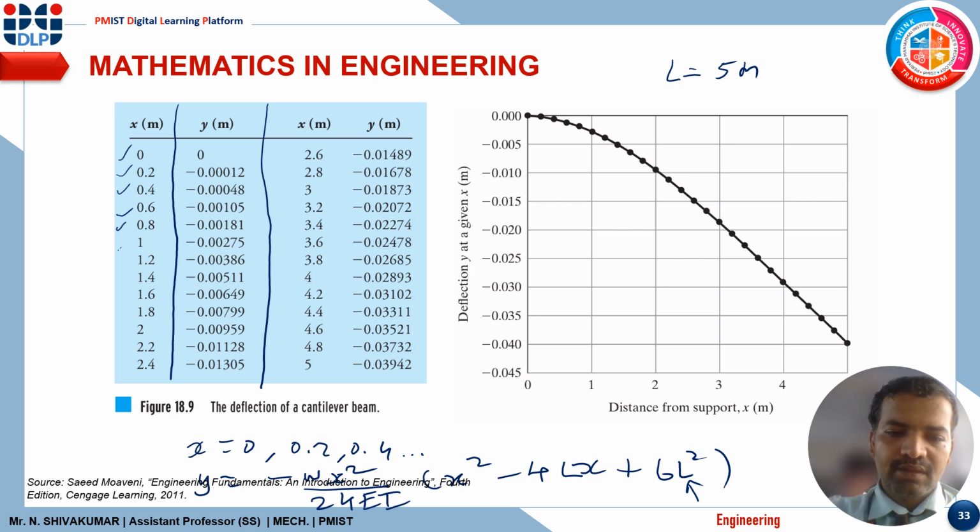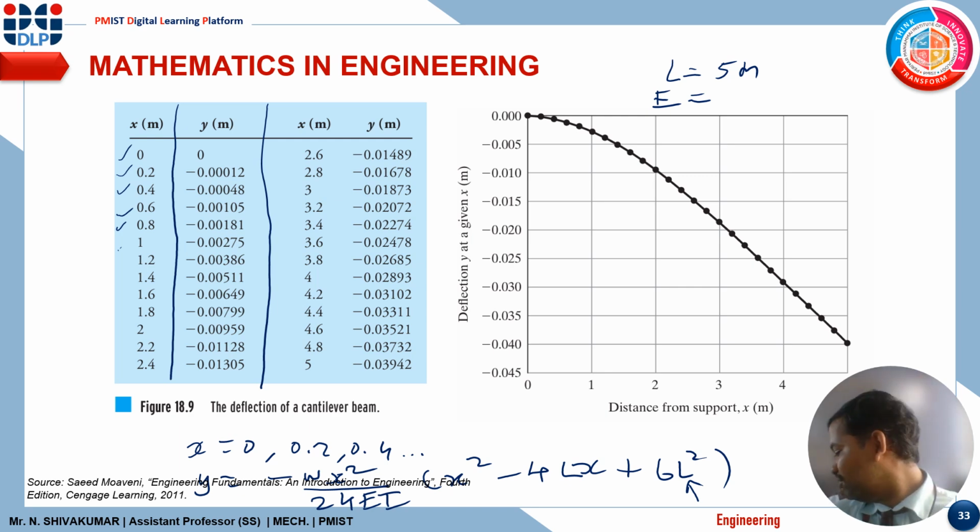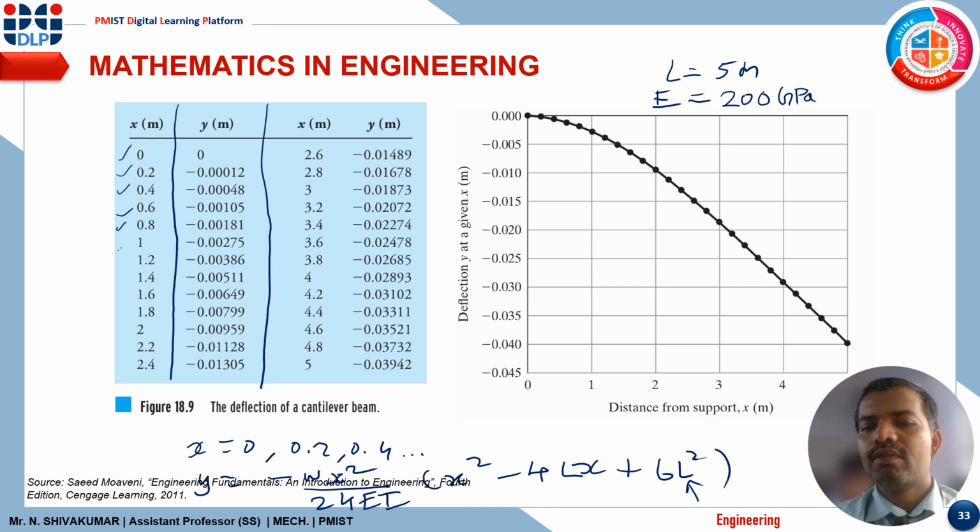Next, what is E? E is Young's modulus. Young's modulus of the beam. Okay. What is the Young's modulus of the beam? What is the value? Capital E, 200 gigapascal. Okay. So the gigapascal, we have to convert it into SI unit. What is the SI unit?